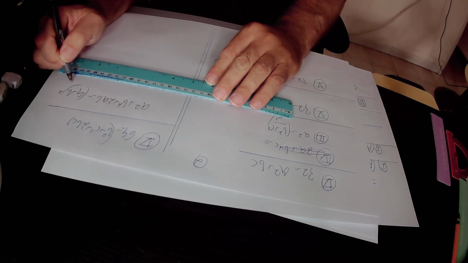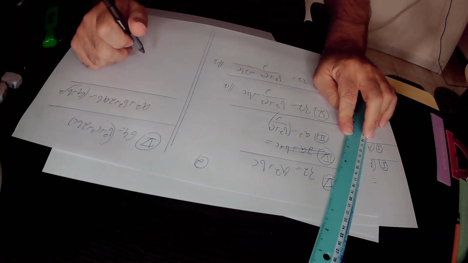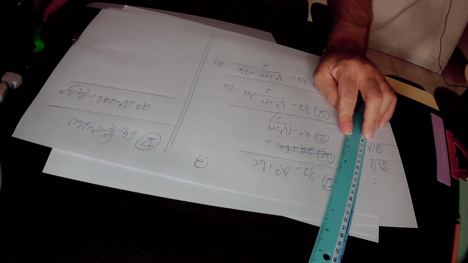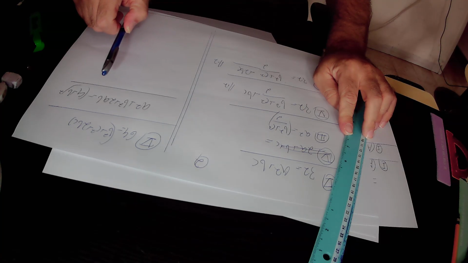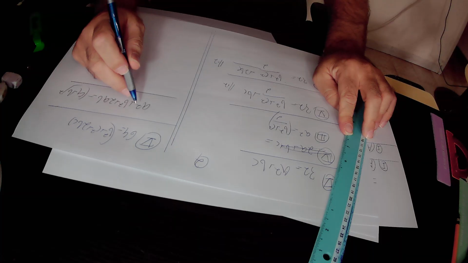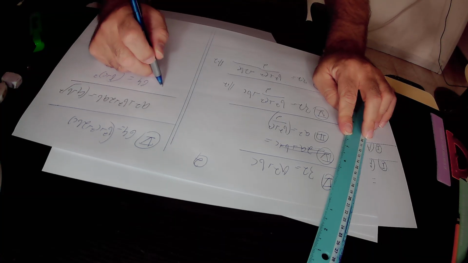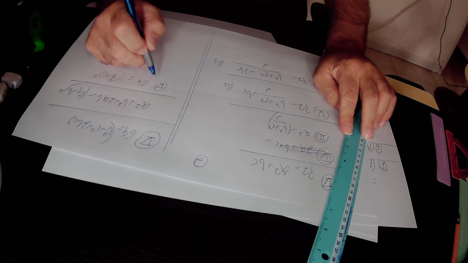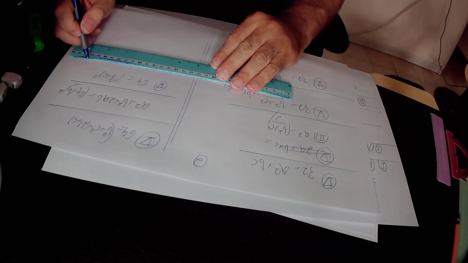So according to this algebraic identity, we get that b squared plus c squared plus 2 times b times c equals (b plus c) squared, and it is equal to 64. So according to equation 5, 64 equals (b plus c) squared.